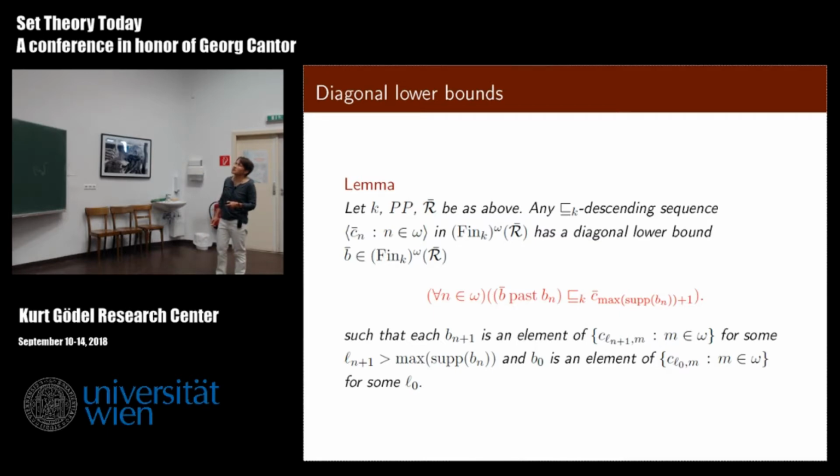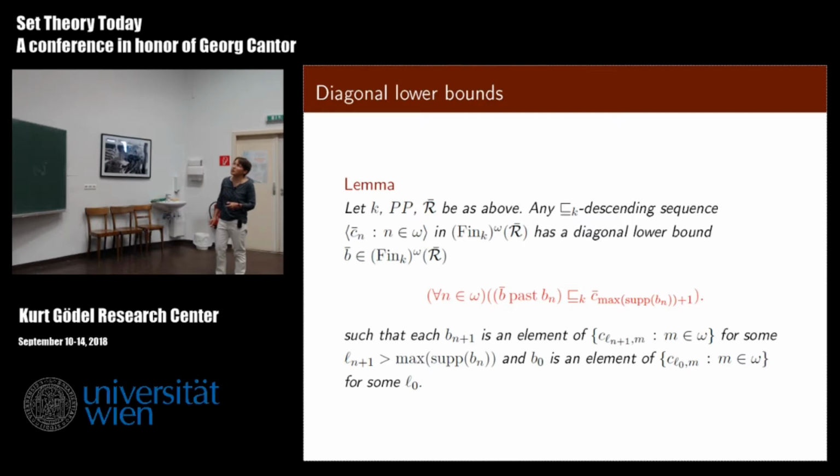Suppose we have a decreasing sequence here, so a sequence of sequences. Each of them is by itself a sequence of blocks, and they decrease in n, so they get stronger and stronger. And I want that the bound doesn't vanish.